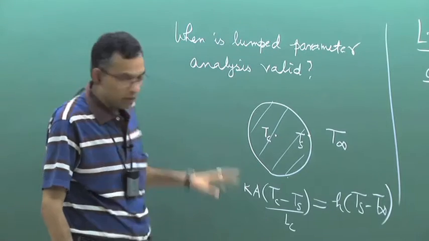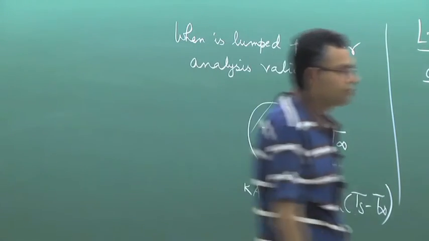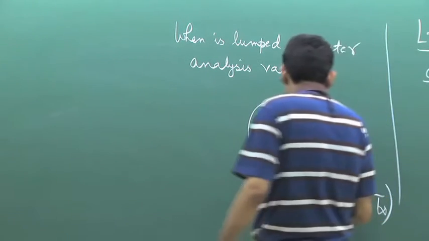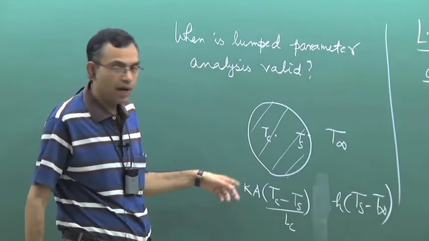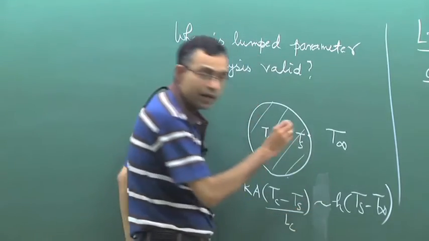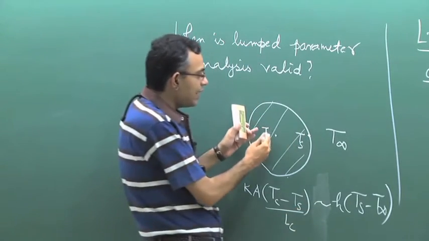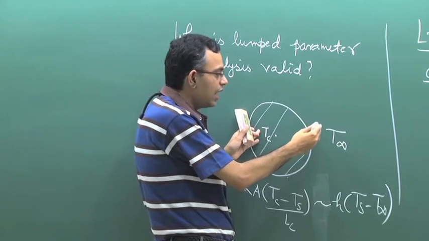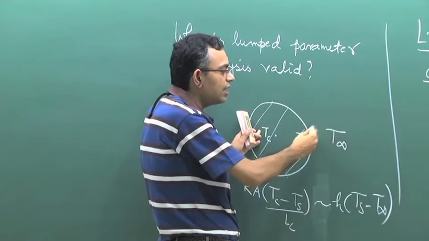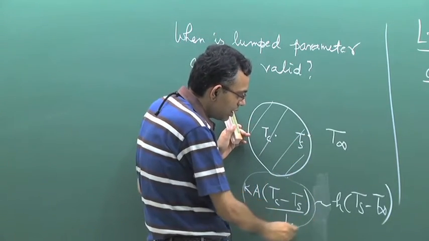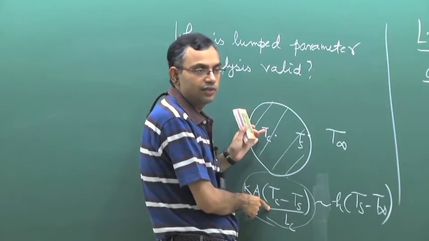We can write not exactly equal, because it is not a steady state problem. So the heat transfer due to conduction is not exactly minus KA into delta T by L, but we can write, order of magnitude wise, whatever is the rate at which heat is being transferred here due to conduction, at the same rate heat is being dissipated by convection, and this is an approximate estimation of the rate of conduction heat transfer.